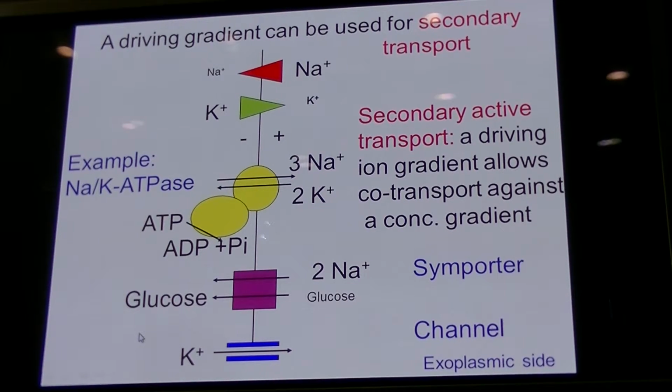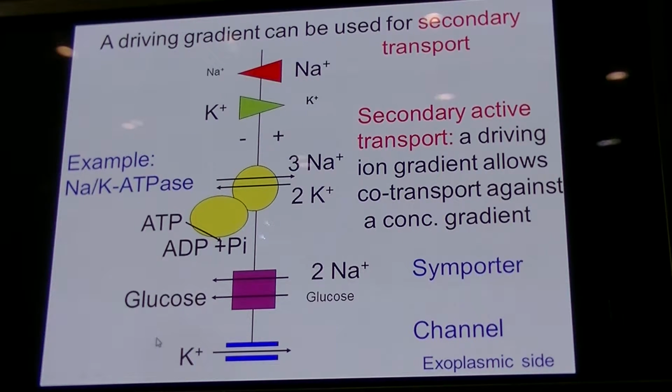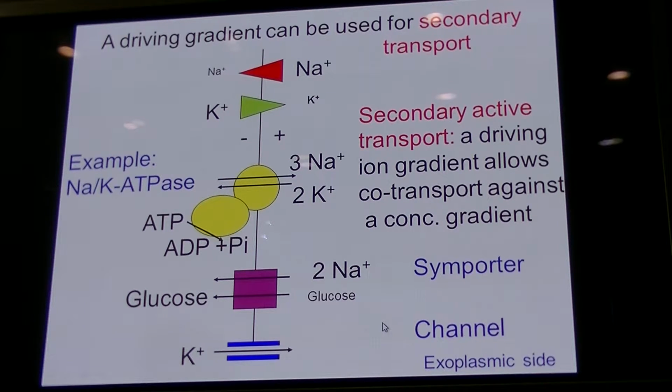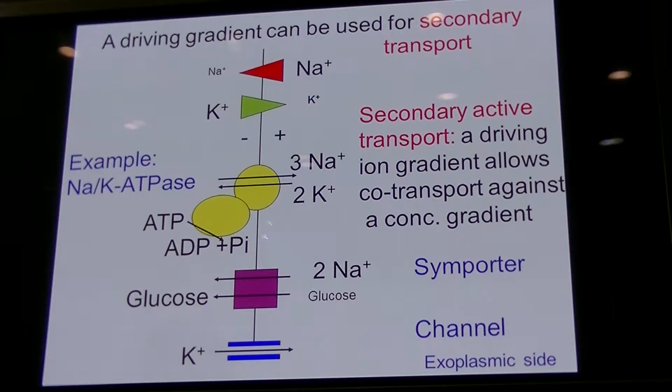We're on the inside here on your left. The potassium wants to flow out, so it's favored by the concentration. Is the movement of potassium favored by the membrane potential? We think no. Who said no?